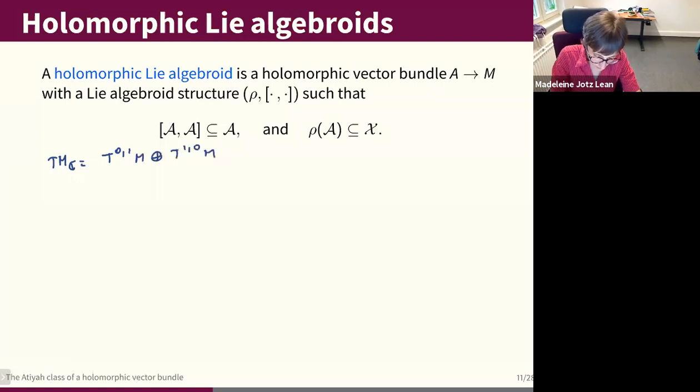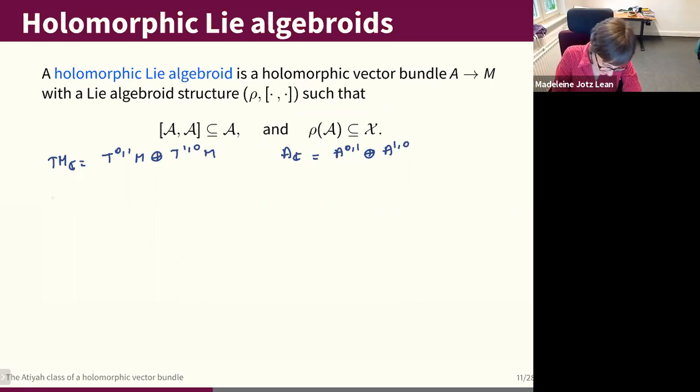In that case, we still have TM complexified is T01 plus T10. So we have these two involutive subbundles of TM complexified, and we're going to complexify A as well and write it as A10 plus A01, where these are now the eigenspaces of the multiplication by J in the fibers of A, but then complexified.